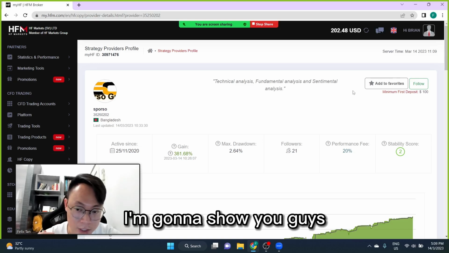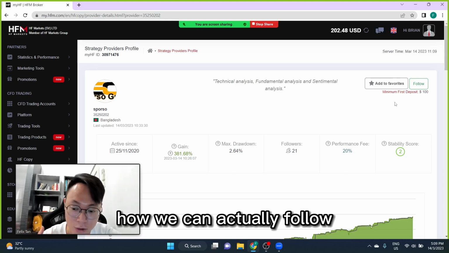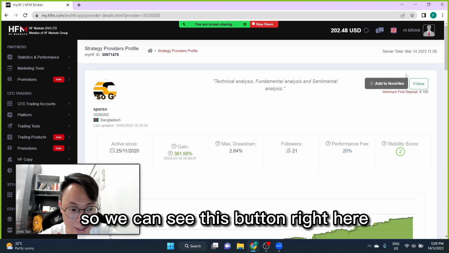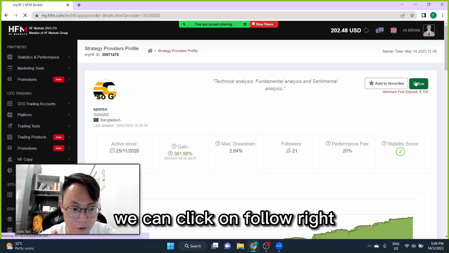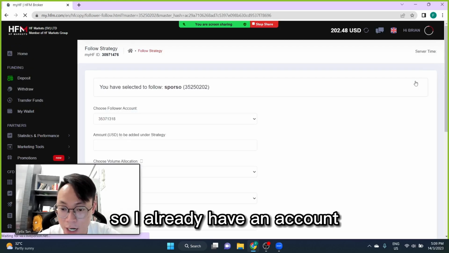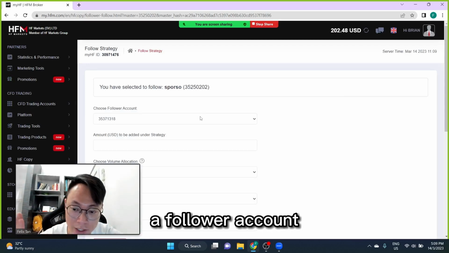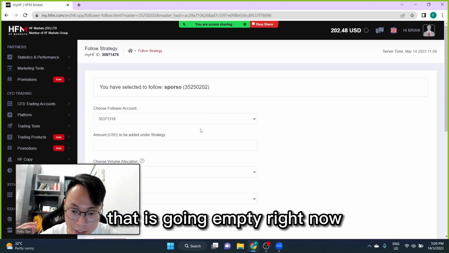So right now, I'm going to show you guys how we can actually follow and invest in this trader. We can see this button right here. We can click on follow. All right. So I already have a follower account from before that is empty right now.